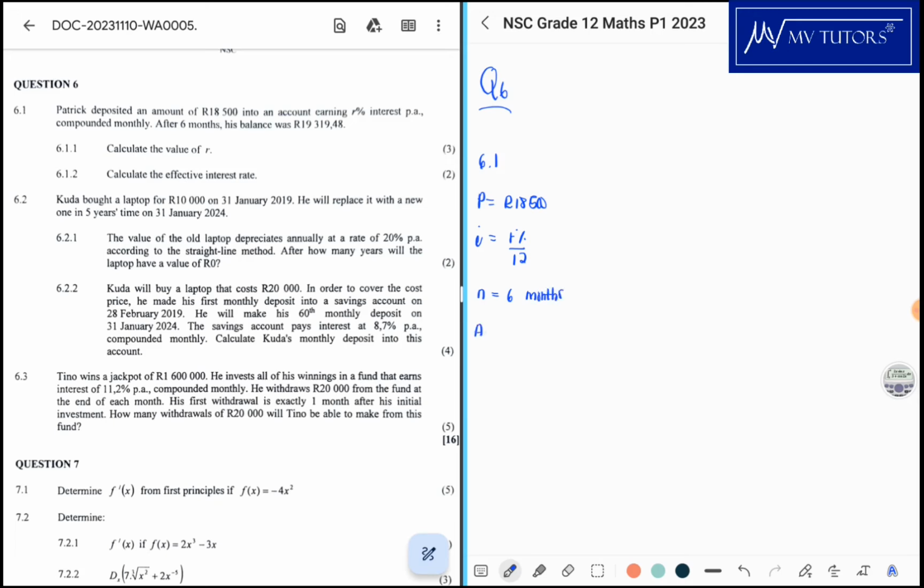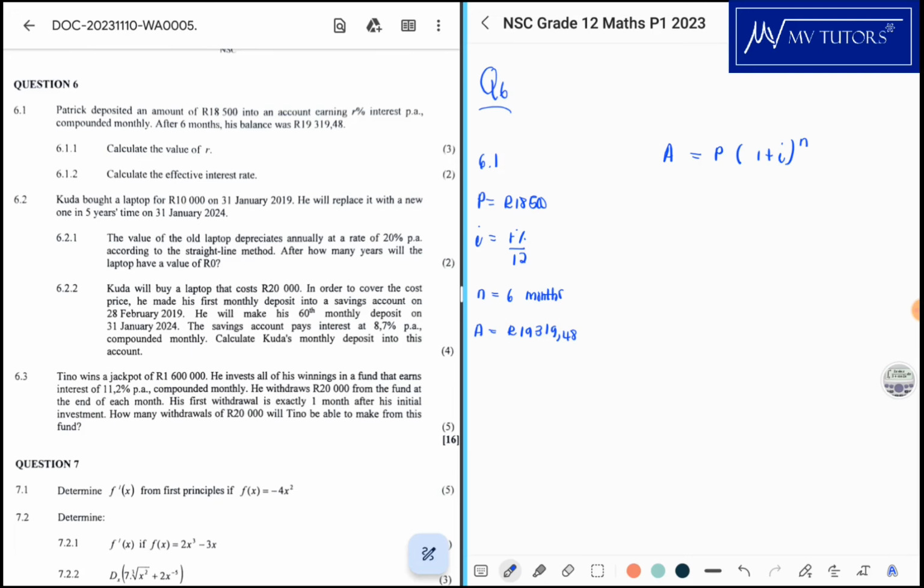And the accumulated amount is 19,319 Rand and 48 cents. Okay, so we're going to use our compound formula because we're dealing with a compound amount. It's not like an annuity where you are putting in the exact amount for periods like monthly, quarterly, yearly, or whatever. This is just a once off. So this equation is applicable.